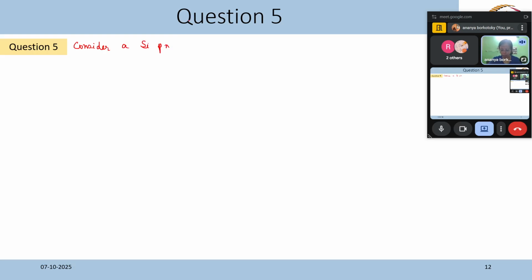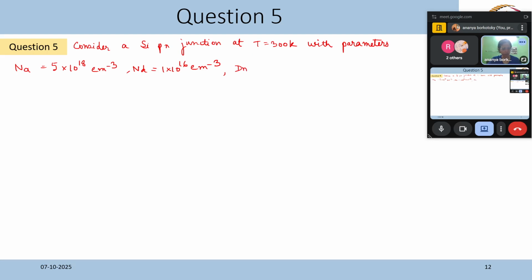Consider a silicon PN junction at T equal to 300 Kelvin. Na is given to us as 5 into 10 to the power 18 per centimeter cube. Nd is given as 1 into 10 to the power 16 per centimeter cube.